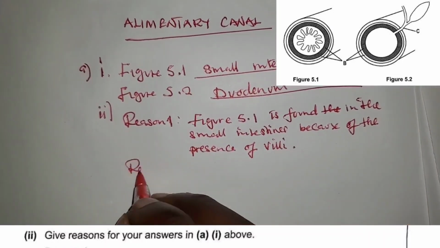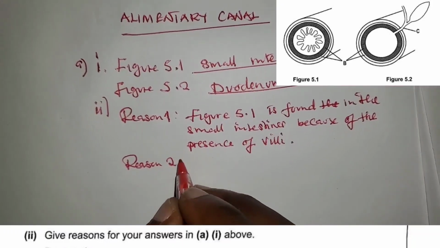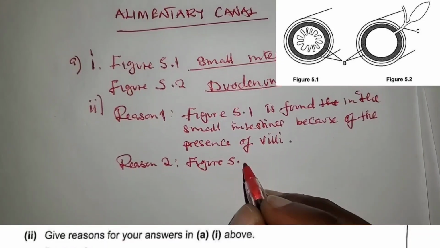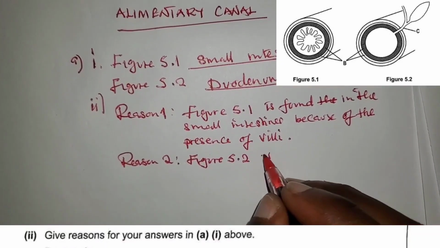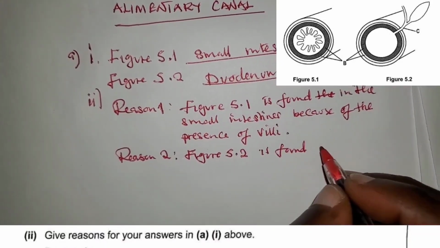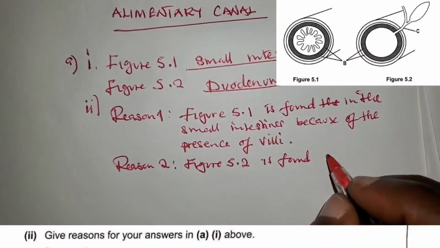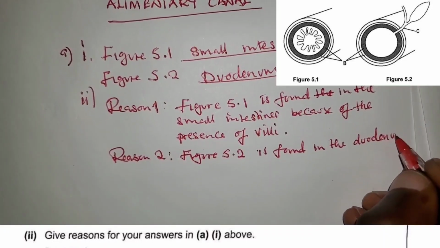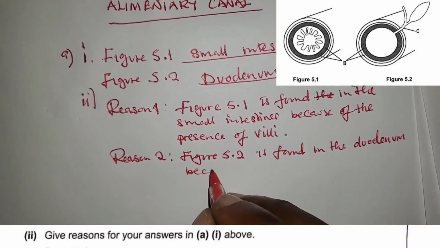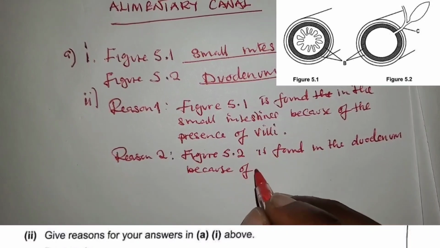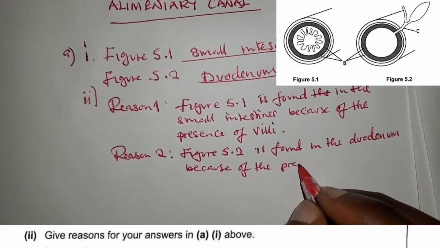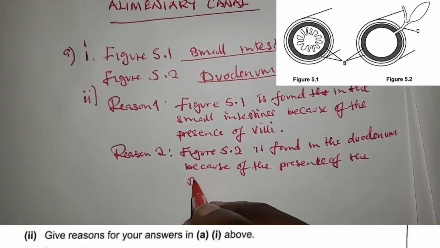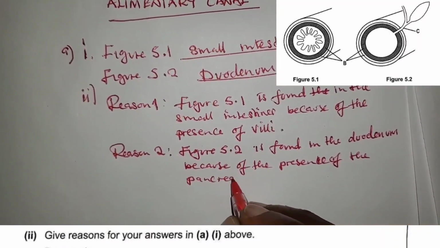Then reason two, figure 5.2 is found in the duodenum because of the presence of the pancreas.